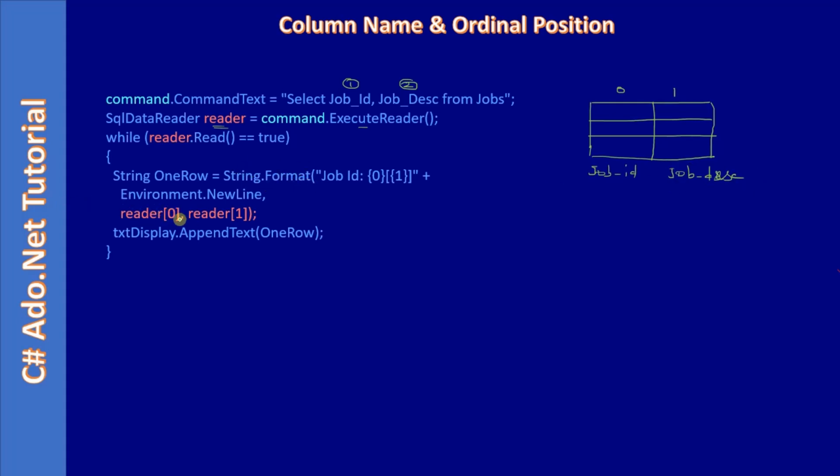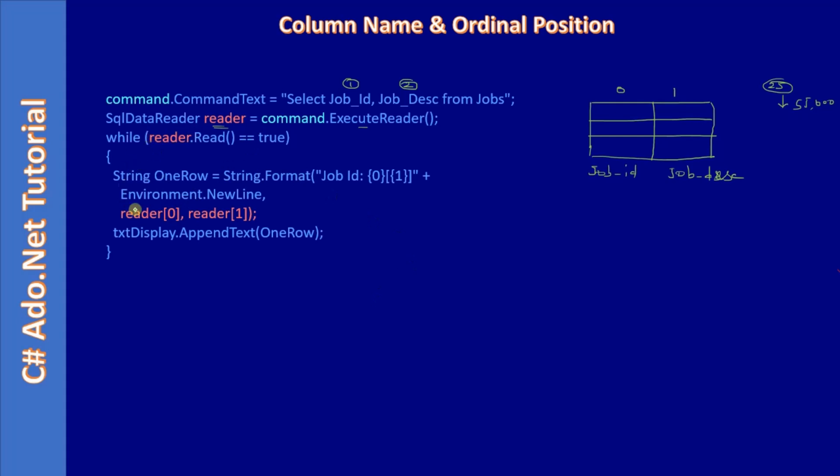In our previous video, we used reader of job ID and reader of job description. When you are picking, say, 25 columns from a table that contains 55,000 rows, you will see a subtle difference. When you use the ordinal position, you will see a performance benefit. When you use a named column, you will see a slight decrease in performance.